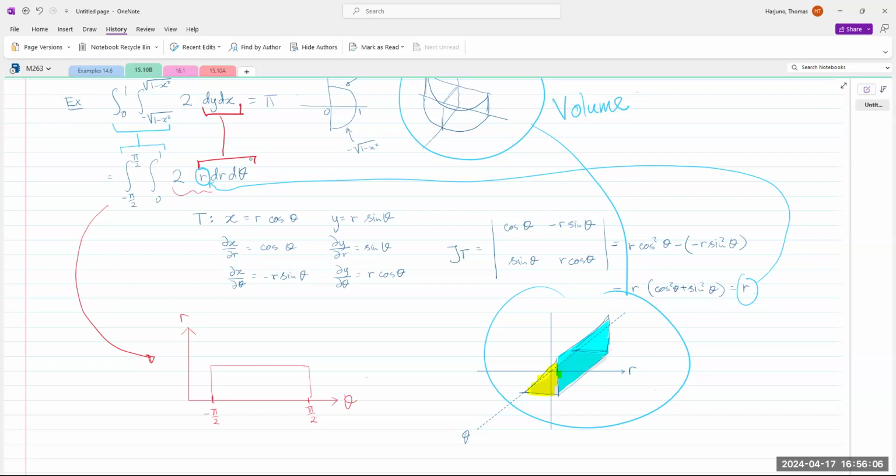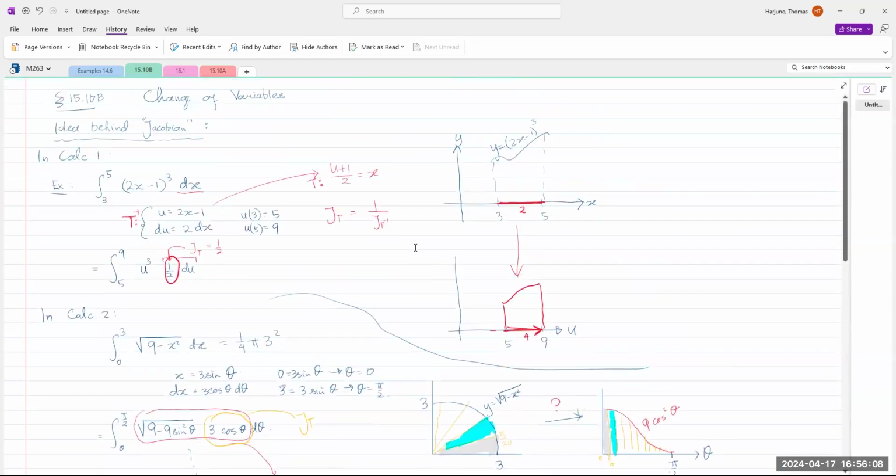Like, if I stretch the domain by 2, for example, in our example 1 here, then the height should go down by 2 to compensate for that extension, right? Remember, the area here should be the same as the area here.